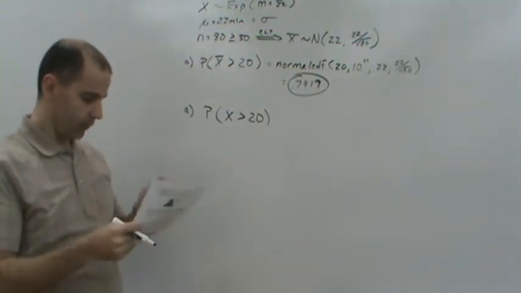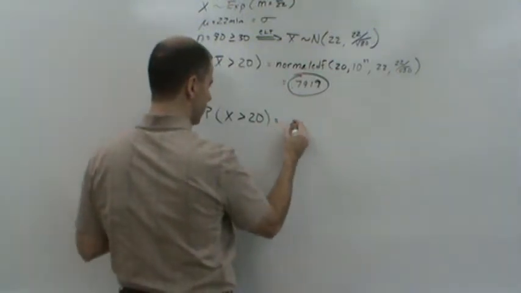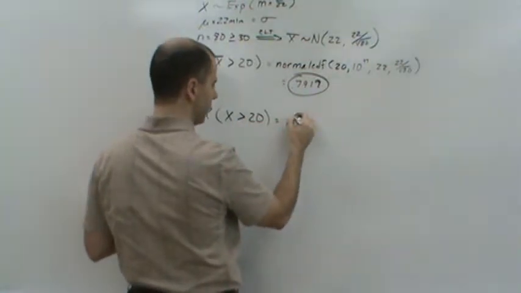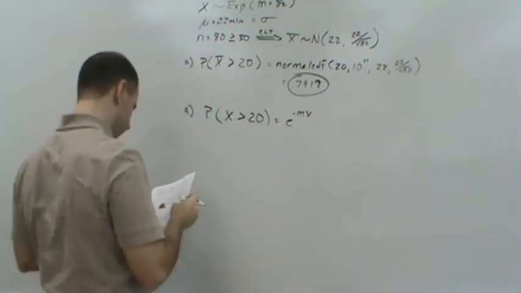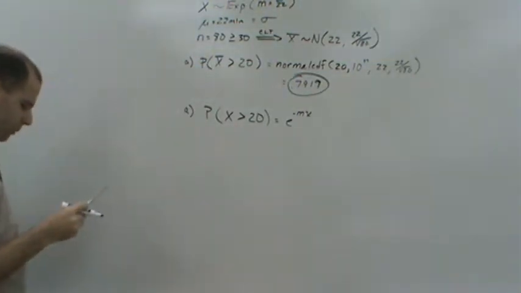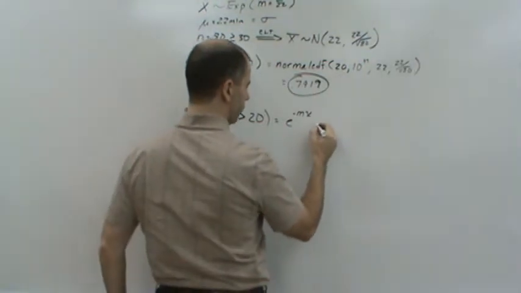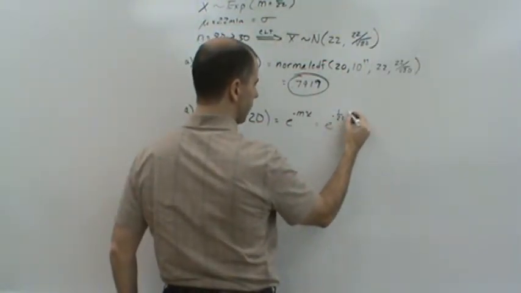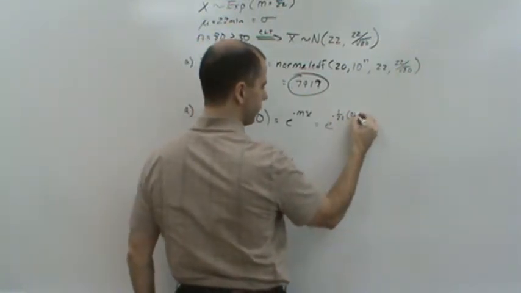Okay? So the formula that we should remember is this one. So this is always equal to e for greater than. Remember, it's greater than. E to the negative m times x. So remember, m is 1 over 22. So all we have to do is just plug in e to the negative 1 over 22 times x. Well, what's x? X is 20 in this case.